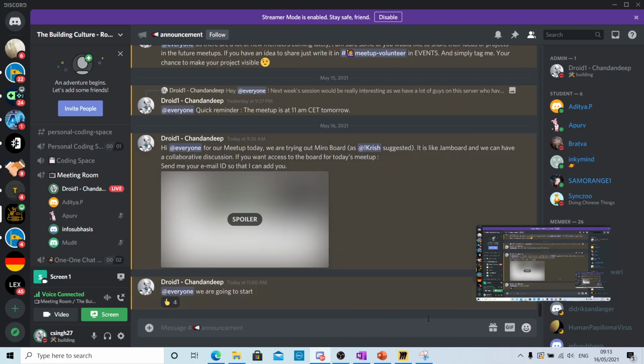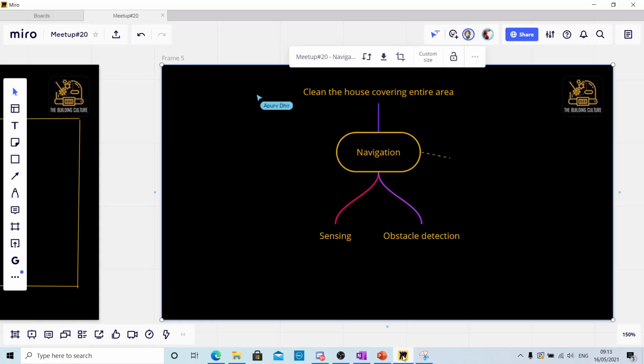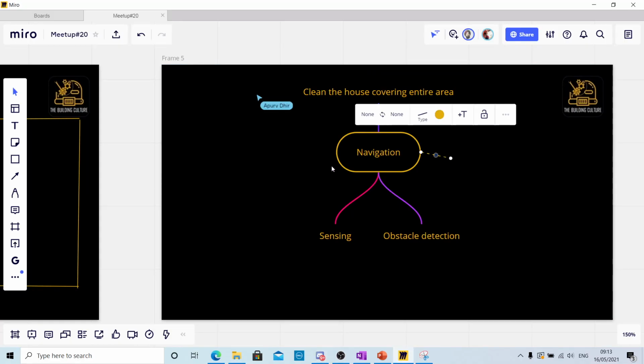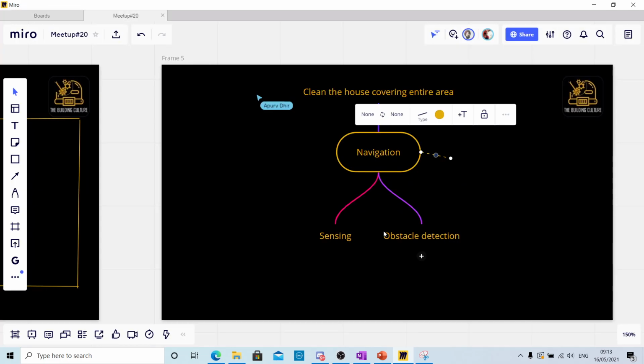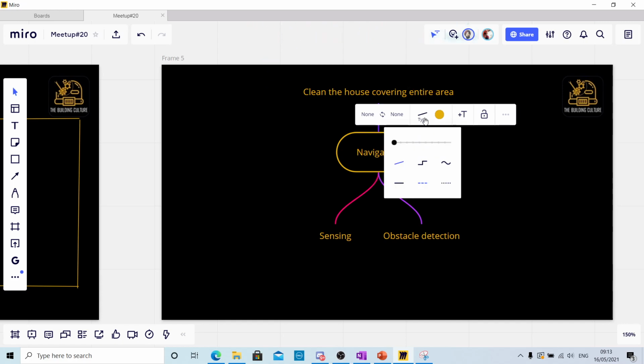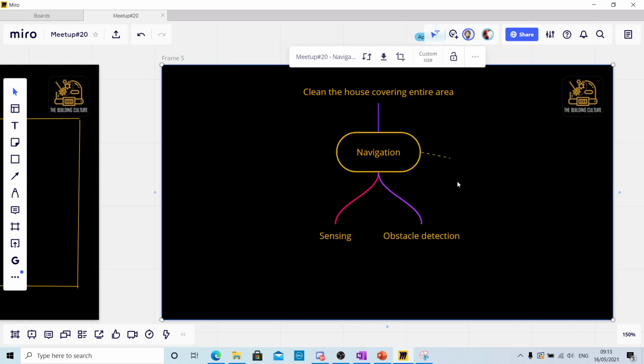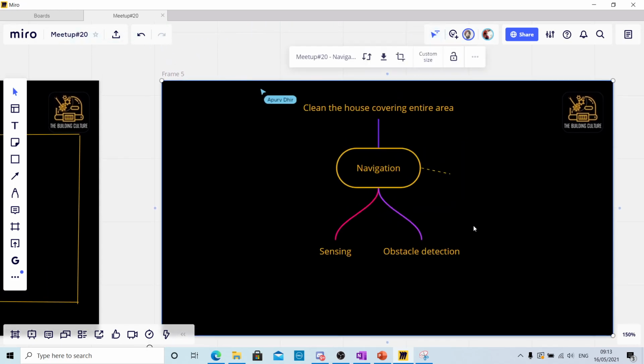So, by the way, we are doing it a bit collaboratively today. So, if you also want to get access to this, you can write your email ID and I'll provide you access to this Miro board. Or you can just say and I'll draw it. Path planning.